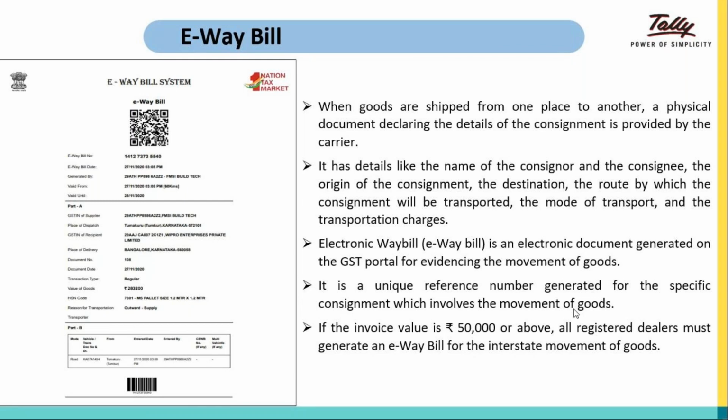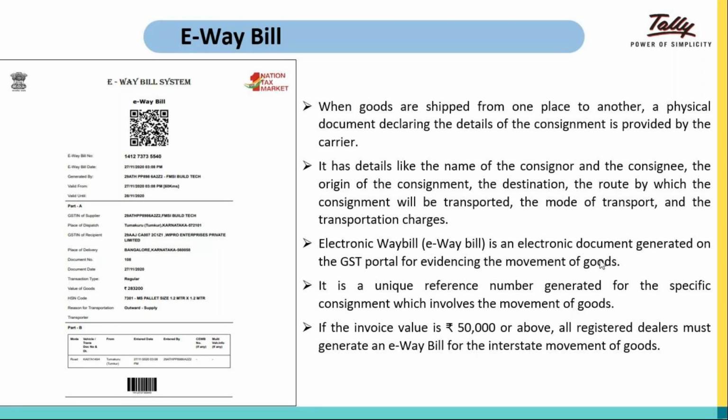Say a transaction is happening in Karnataka, where the place of supply is Bangalore and the place of delivery is another city, Mysore. This is an intra-state delivery. When the transportation takes place, if the invoice value is greater than 50,000, your e-way bill should be generated. It is mandatory to generate an e-way bill.